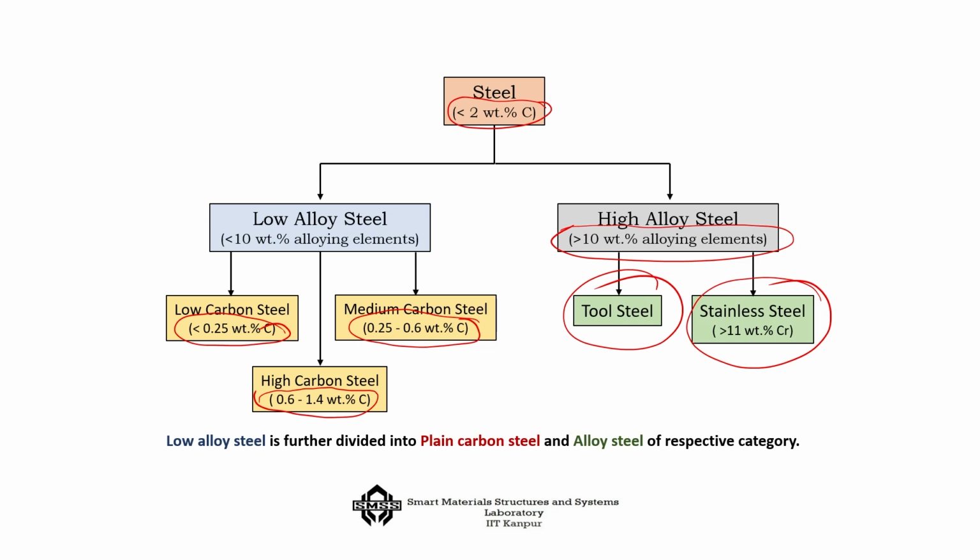Now, first we are going to see the low alloy steels, which by definition will have less than 2% of carbon and less than 10% of other alloying elements. So, let us look at those groups first.